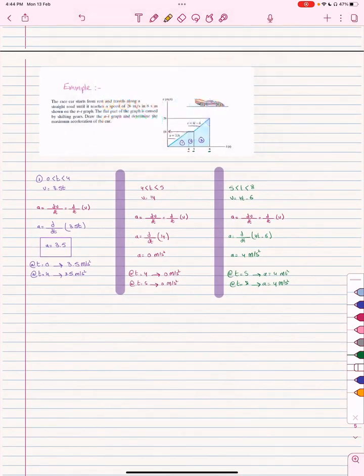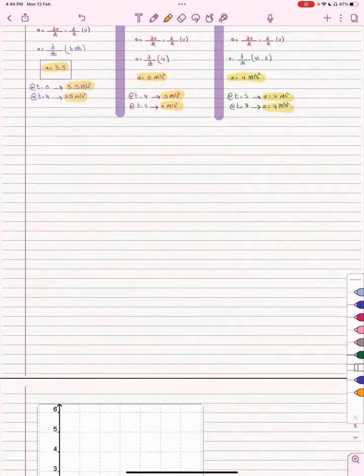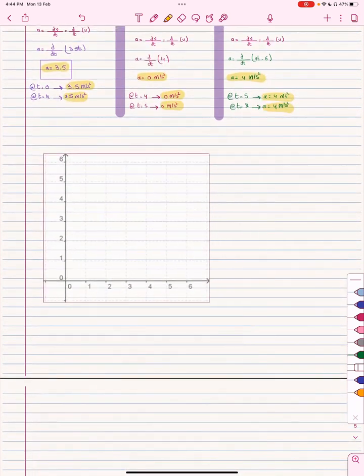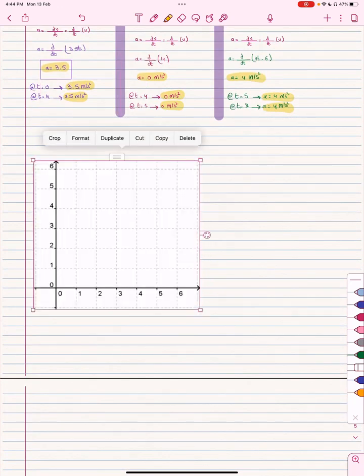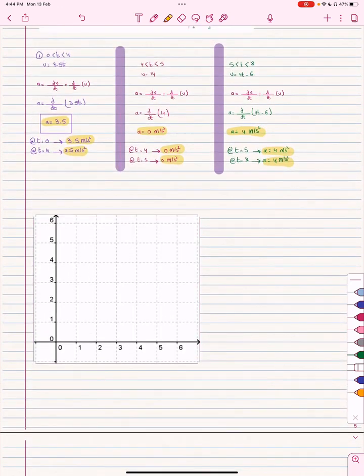Finally, we will draw the AT graph. Here we have the graph. This is the AT graph.